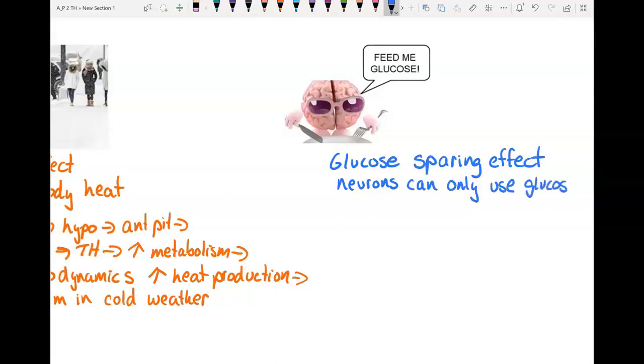This means your brain, spine, and nerves rely on glucose. They can't use fat to make ATP. They have to have glucose. So one of the other effects of thyroid hormone is to ensure that you have glucose for your neurons.